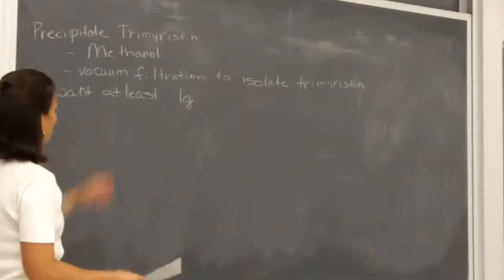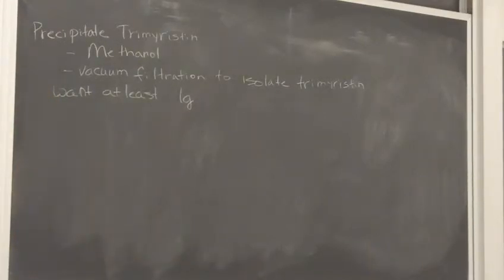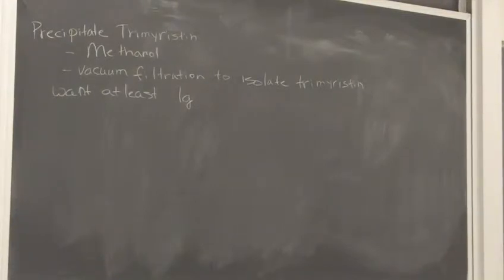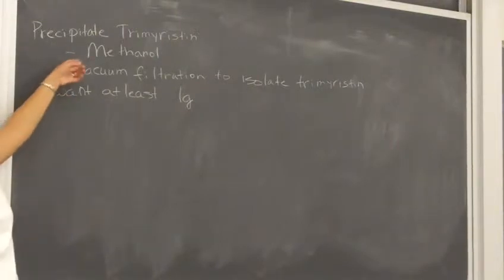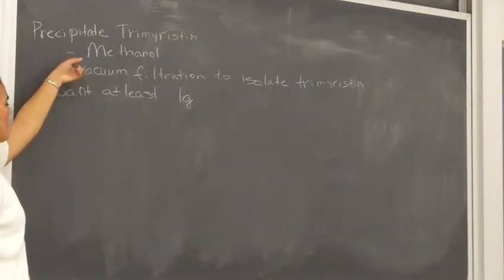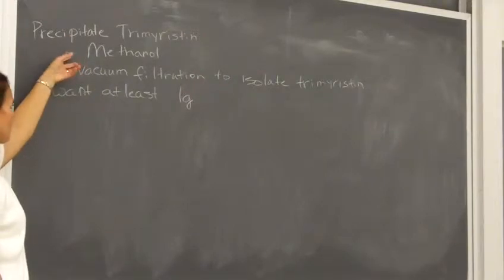okay? But what we need to do is figure out how to do calculations with this trimyristin, okay? We have solvent-wet trimyristin that we need to take on to another reaction, and we need to know how much of it is just trimyristin, not trimyristin and methanol and ether, okay? And you're going to have ether remaining, plus the methanol, so it's going to be this mixture of methanol and ether.